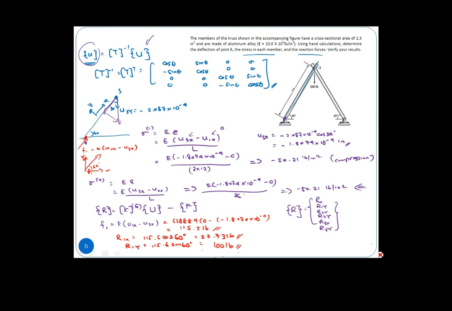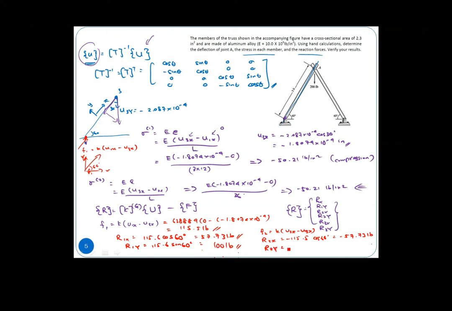Node 2 is the same thing. Basically, we are talking about node 2, you have to find our F2 here. It will give you K times U2x minus U3x, so you will also get the same results. Then from this, you have R2x equals 115.5, going the other side, so you have a negative here, cos 60, so we have negative 57.73.